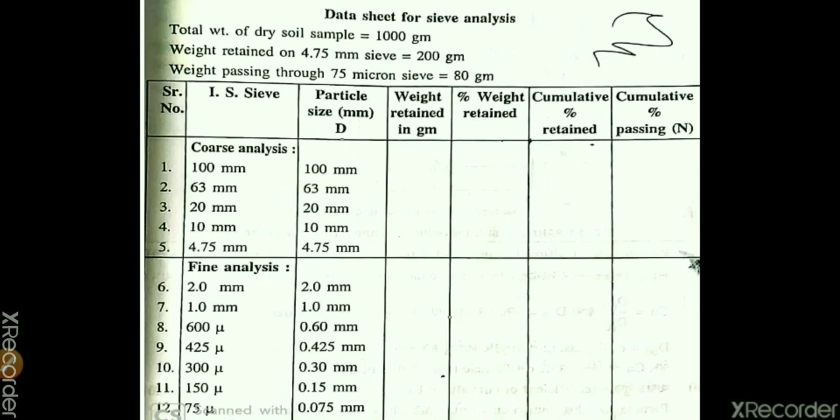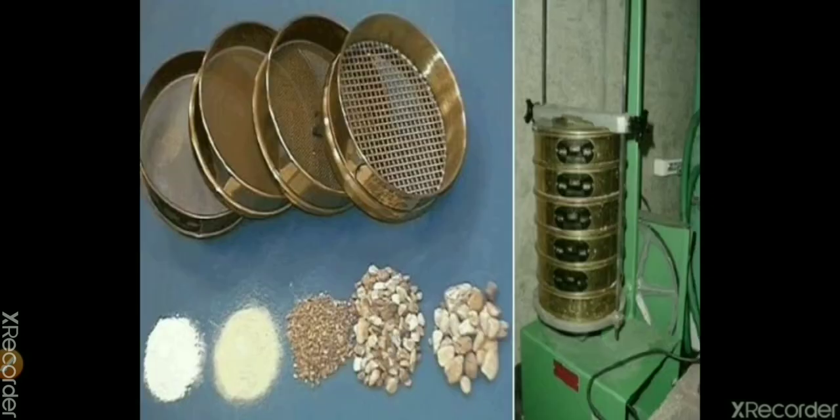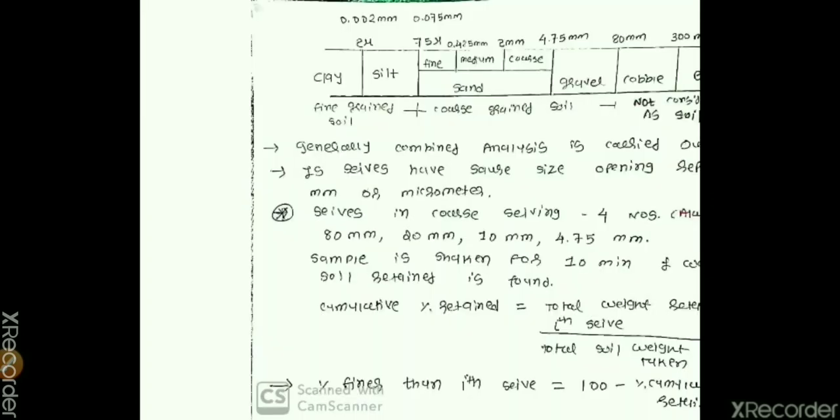Okay, so according to this formula, we can find the cumulative percentage retained, which is equal to the total weight retained on the ith sieve divided by the total weight taken.